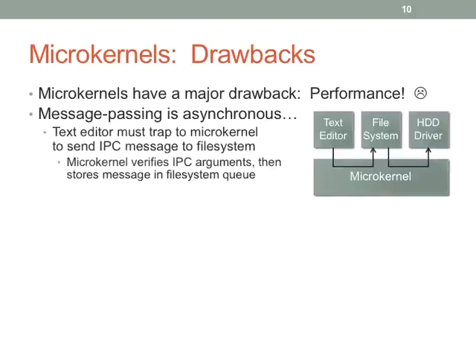And then it gets blocked, so we have a context switch away from it to something else. And so, like it says here, the microkernel stores the message in the file system queue. The file system also has to trap into the kernel to receive its message. So one message pass, 2 kernel traps, and 1 context switch at least.